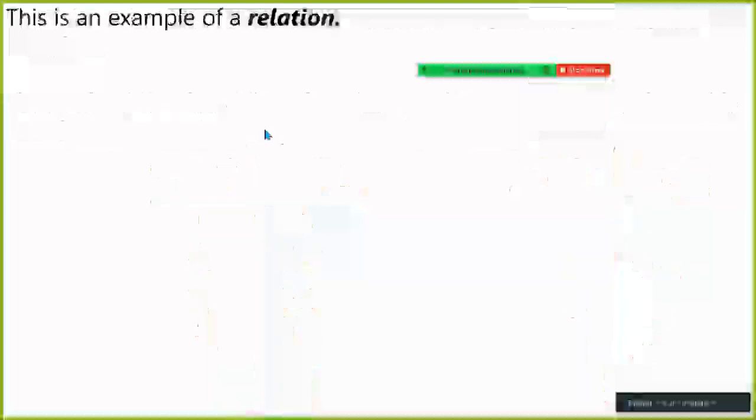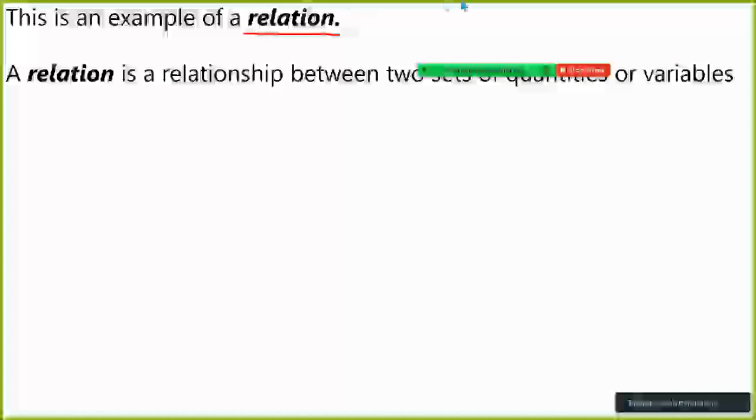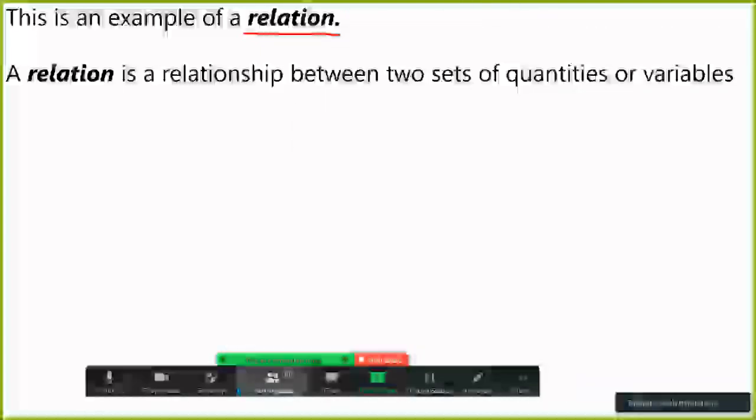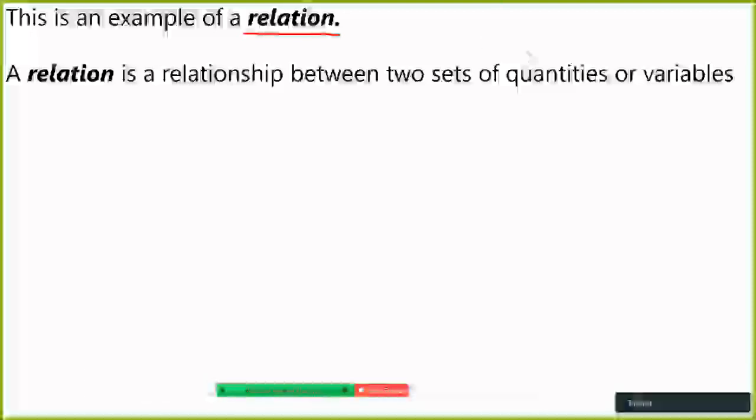Okay, I'm going to move on. This story is an example of a relation. When we say relation in math, what we mean is a relationship between two sets of quantities, or variables. Remember, a variable in math is just a number that we don't know the value for yet. So we usually write them as x's or y's or a's, b's, c's, some letter.